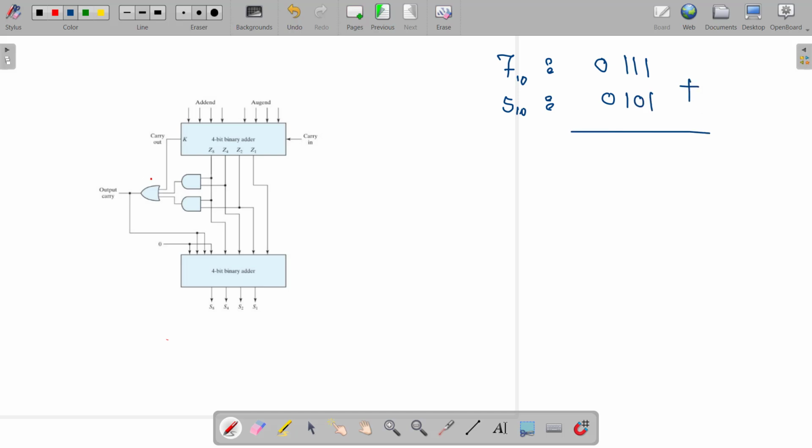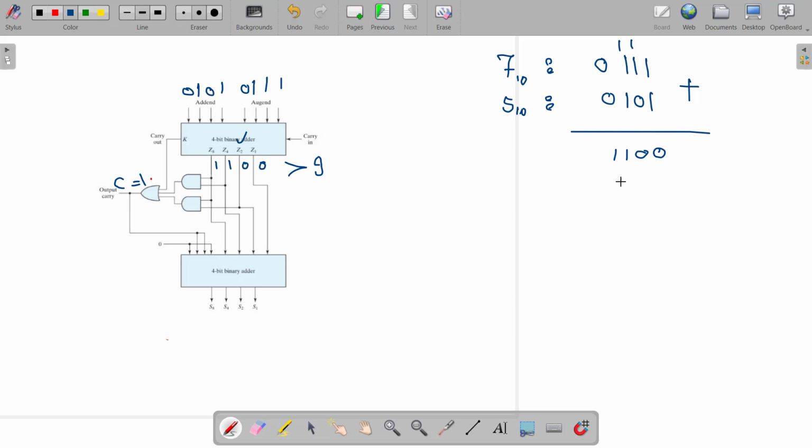If we add these two together, again 1, 1, 0, 0 is written here. Again here it is calculated. So we will have something like that. Okay. Now, in this case, because this value is greater than 9, this C will be equal to 1.